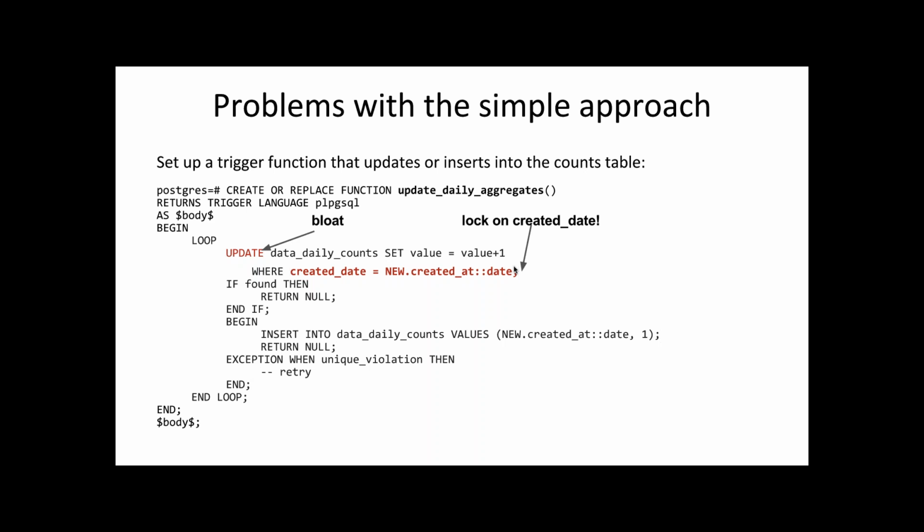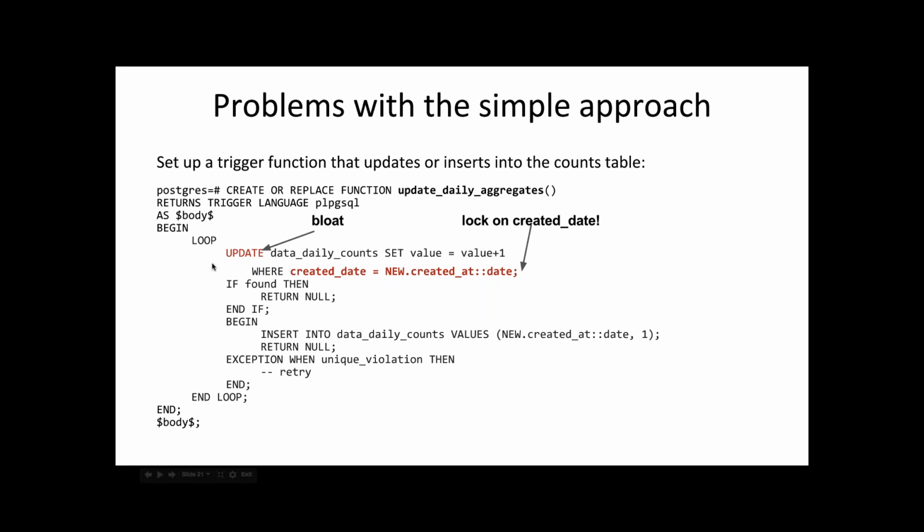Even worse, they're probably all updating the same day, like today's date. So the one process that keeps getting the lock will see good performance, and everyone else will just be waiting for that process.